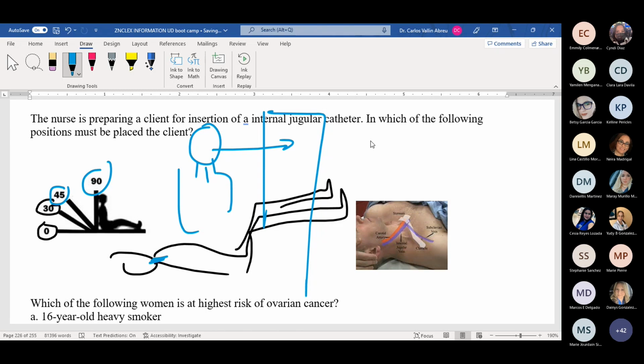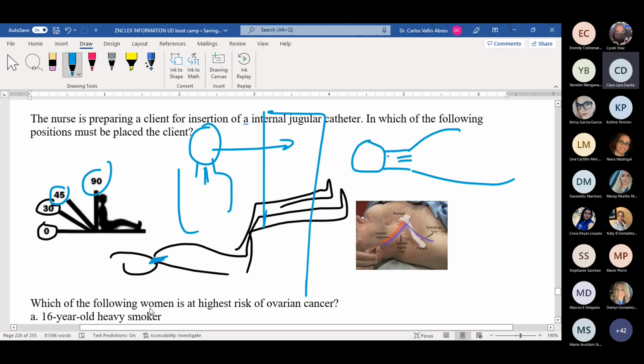If you are in this position and trying to examine clients, you see now the vein can be seen. What does that mean? How do you think it's going to be easier to take a vein, when the vein is collapsed, is empty, or when the vein is full, is engorged?